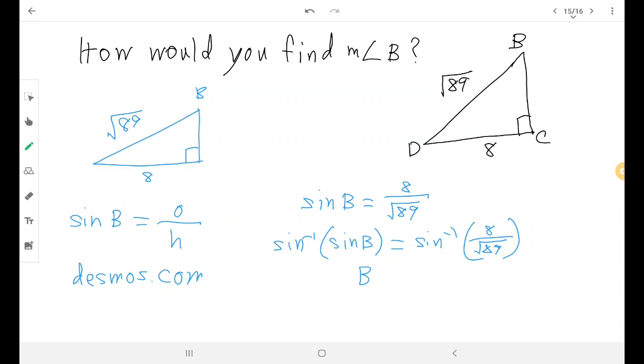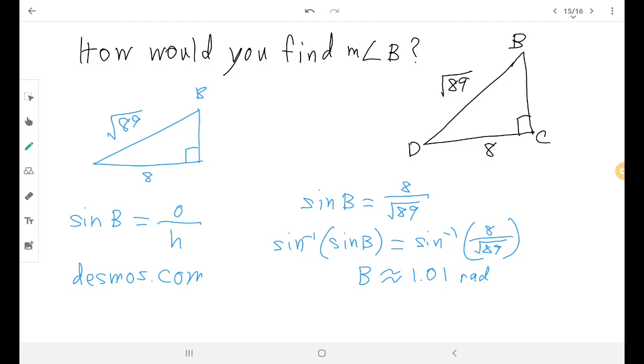So the inverse sine cancels the sine and gives you B, and when I put it into Desmos, I got approximately 1.01, and that is in radians.